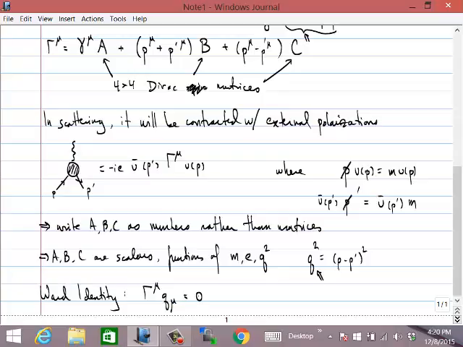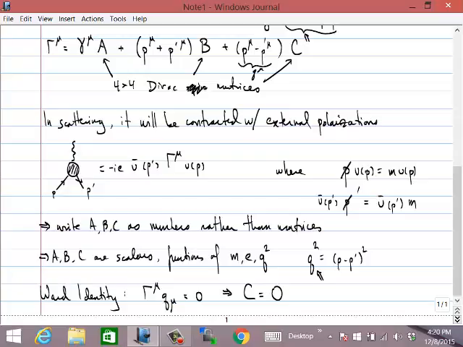In this case, that means that gamma mu contracted with q mu is equal to 0. And you can see here, this guy is q mu. So that tells us that the function C is equal to 0.